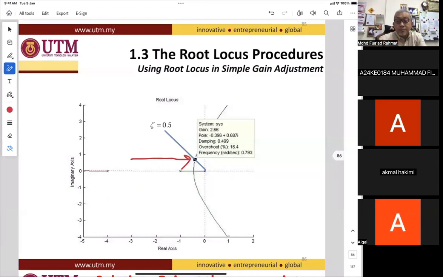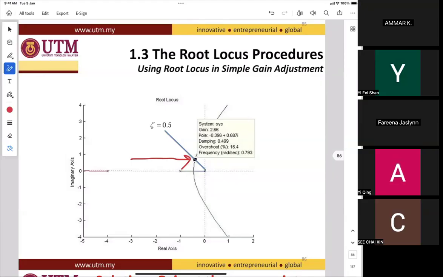Haikal, what is the value of undamped natural frequency in this figure? 0.793. Unit? Radian per second.